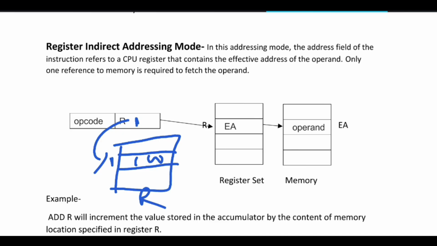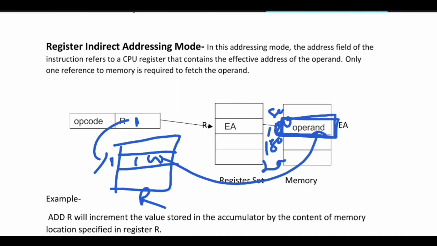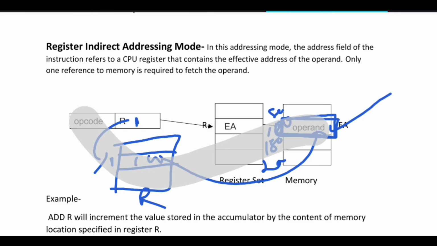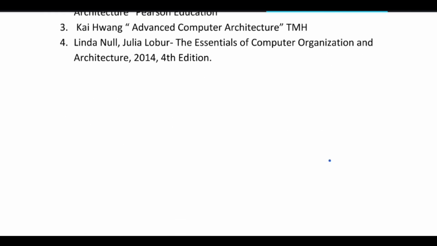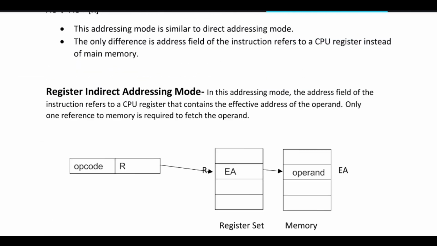Let's say 50, 100, then 150, then 200. These are some memory locations. Okay, this is our 100 location. We move to the 100 location, and in the 100 memory location we get the operand. Okay, this is called register indirect addressing. Simple.